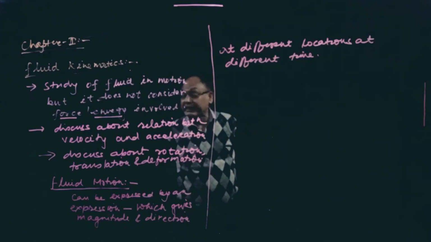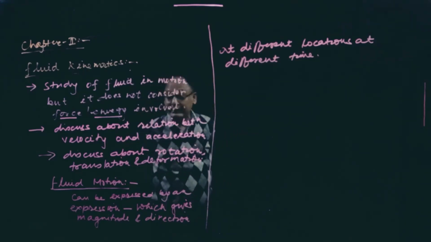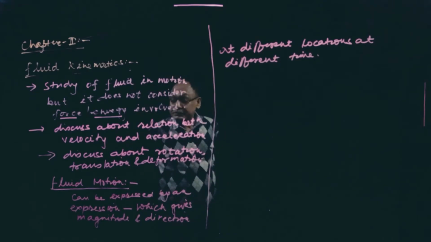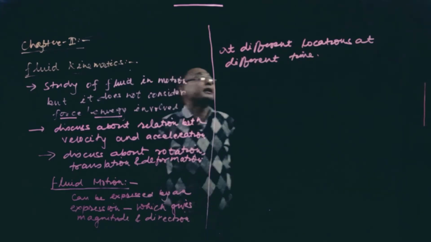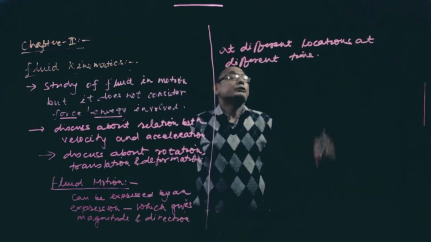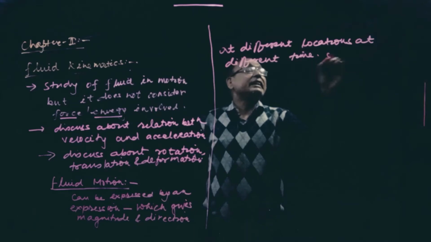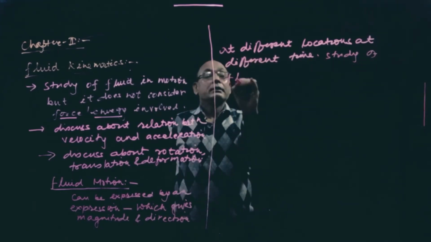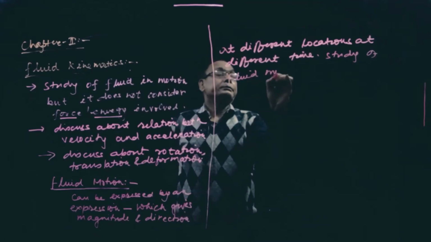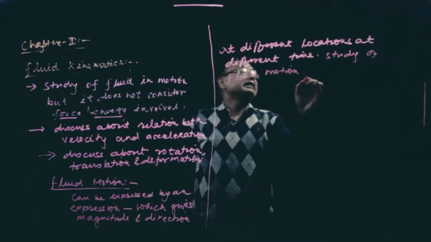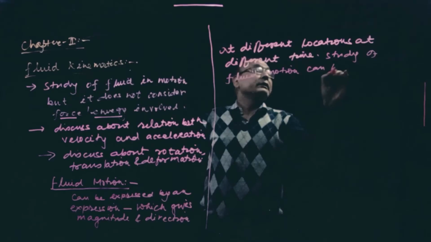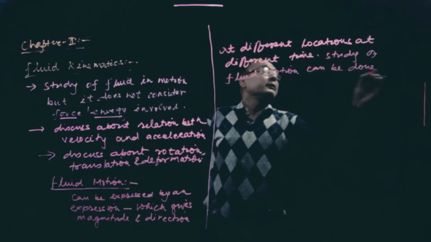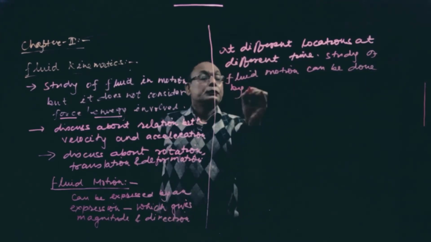So I have written here: fluid motion can be expressed by an expression which gives magnitude and direction at different locations and different times. So this study of fluid motion can be done by two methods.